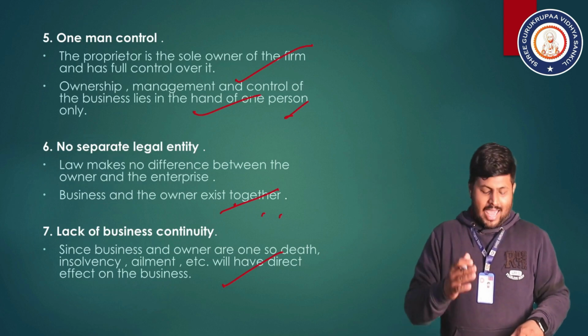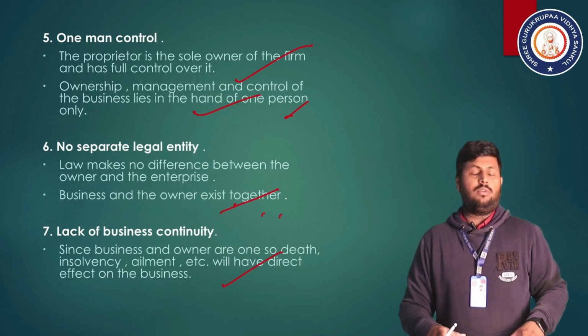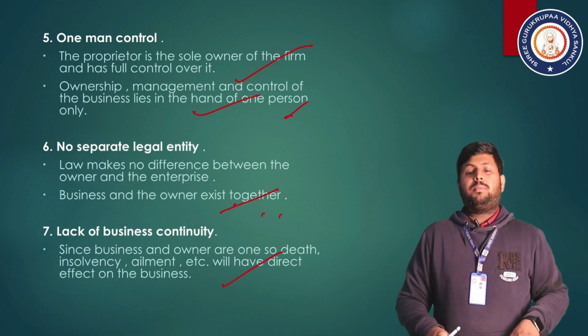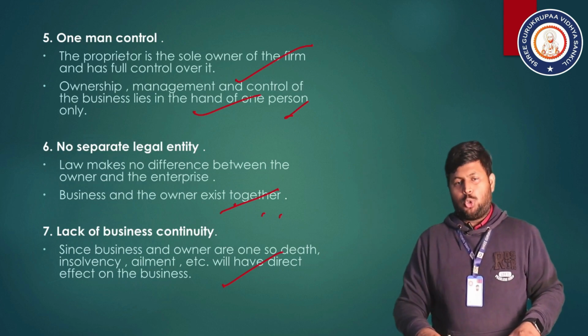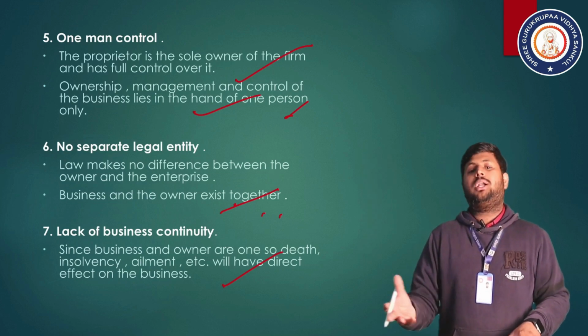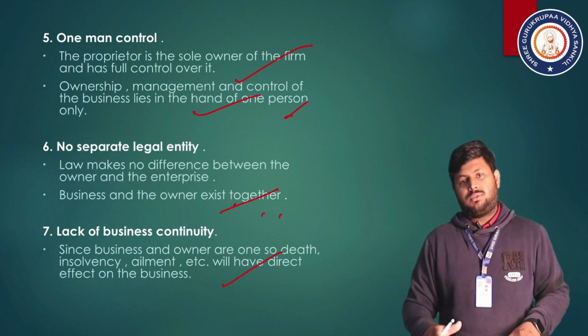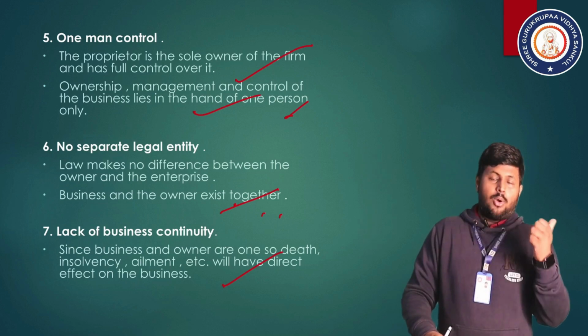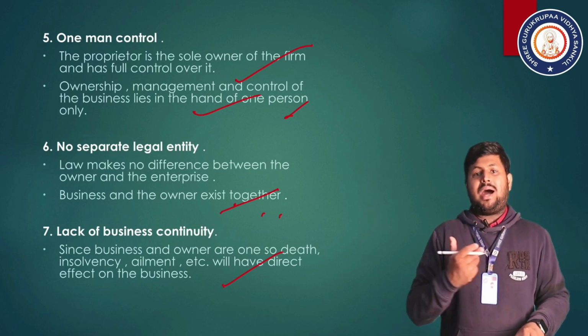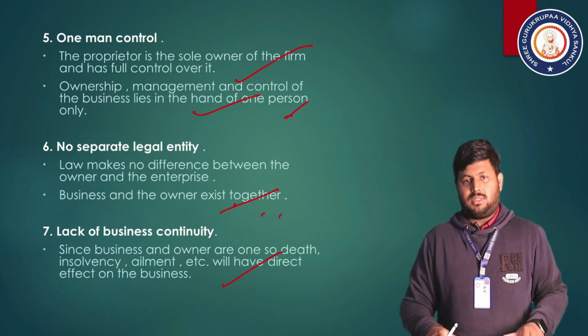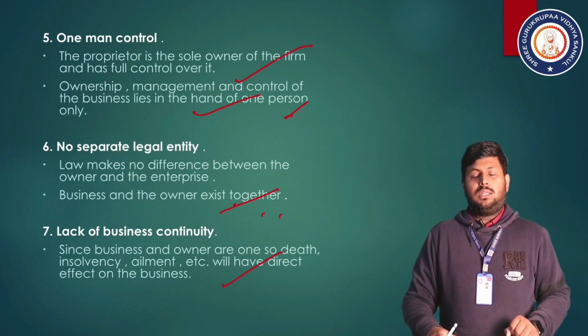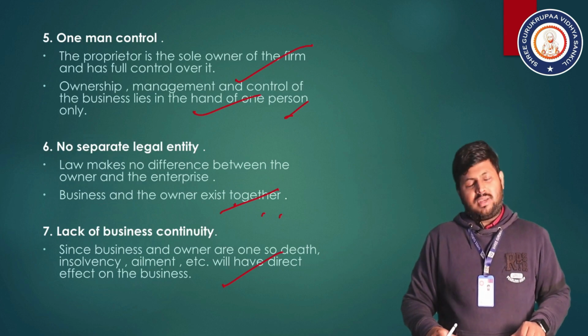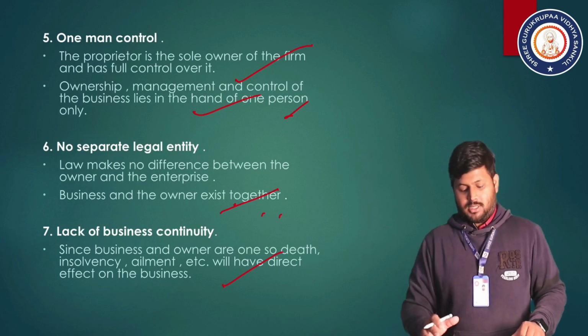So there is a lack of continuity in the business of a sole proprietor, because even if someone comes to manage it, he might not be capable enough to run the business for a longer period of time as the past sole proprietor did. But the point is that the continuity in this business is very less as compared to the other formats.